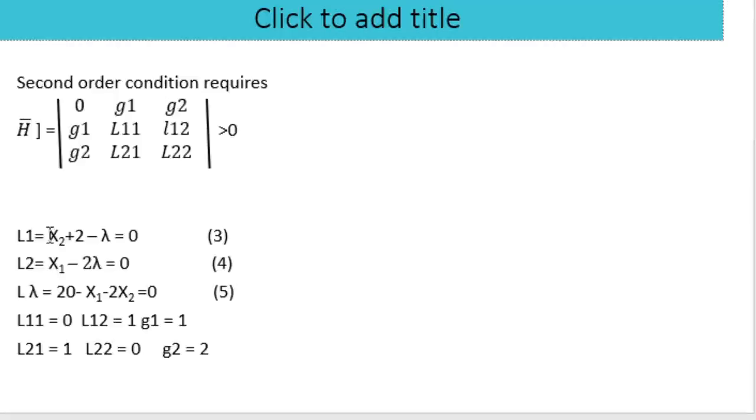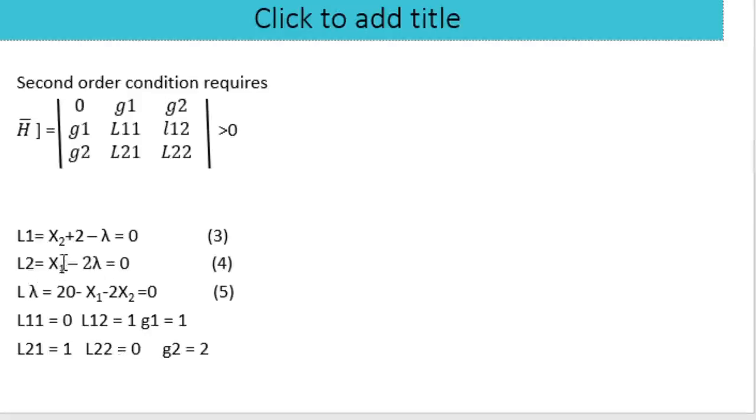Here in the first equation there is no x1, therefore L11 equal to 0. And here the coefficient of x2 is 1, therefore L12 equal to 1. Here g1, the coefficient of this lambda, equal to 1. And the second equation is L2.